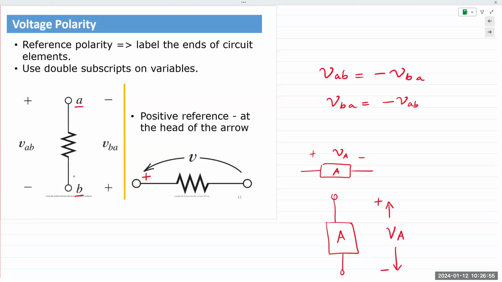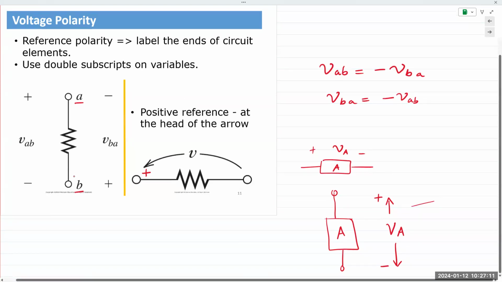Again, different people use it differently, but the most common is what you see here on the left. VAB plus and minus, VBA minus. So it's the exact same thing. Even without the arrows that I just drew in this example, all you need is the plus and minus sign. All right.